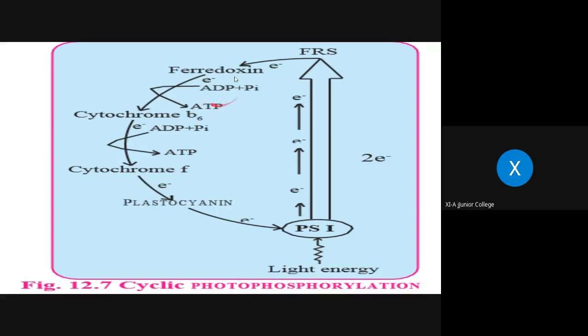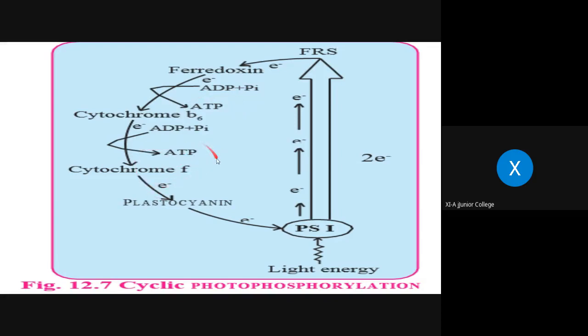Inorganic phosphate is added to ADP. ADP is adenosine diphosphate. Then one more phosphate is added and it becomes tri. Understood? So this is one ATP molecule and this is the second ATP molecule.